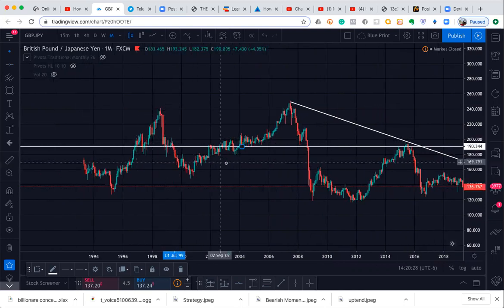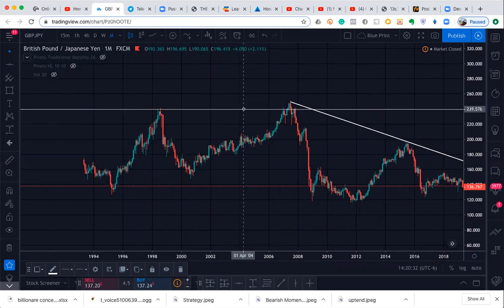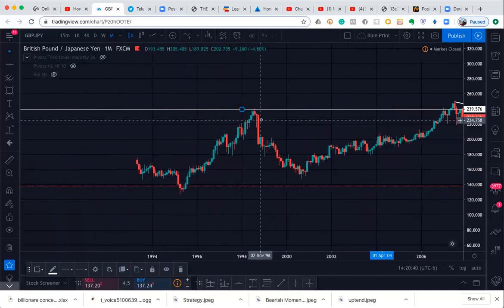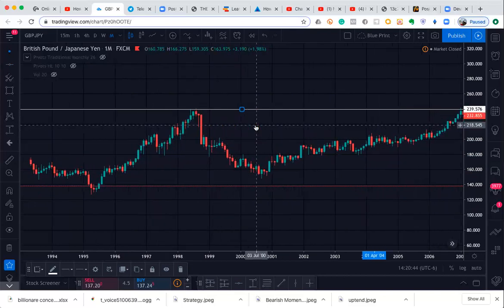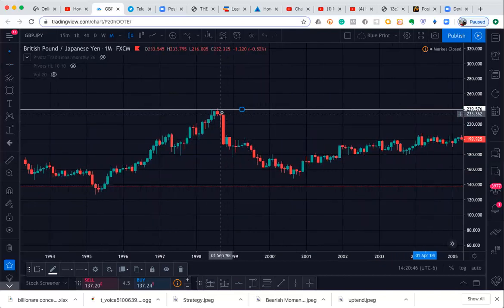At least not in this area right here, because true support and resistance is when price comes to a wall and it can't go through it. And if it does break for a reason, like this long candle right here, this basically says there's an institution in here that came in and said, look, we got a bunch of tickets we need to sell.